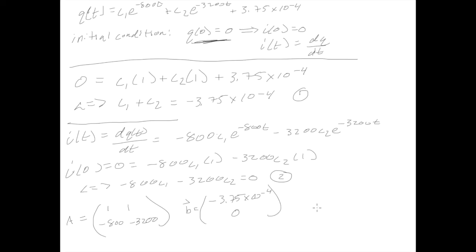So the c vector, which is c1, c2, is going to be equal to the inverse coefficient matrix times the right-hand side vector. And I'll do this on another page.